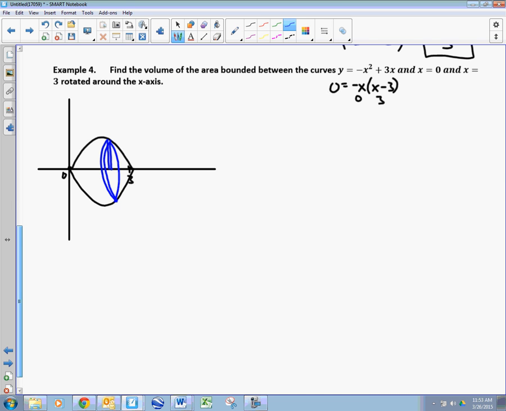Sometimes you feel like a nut. Okay, so we've got these shapes. Yeah, lemon. There you go.